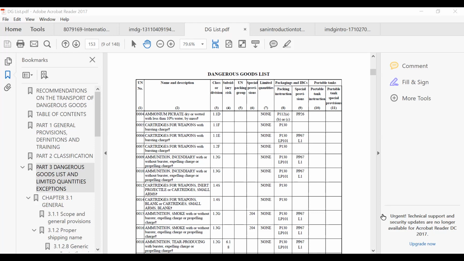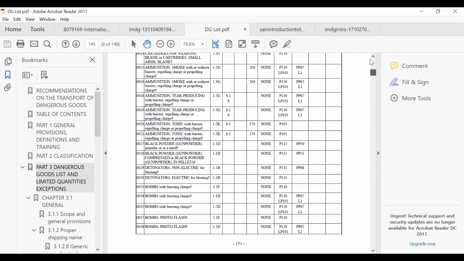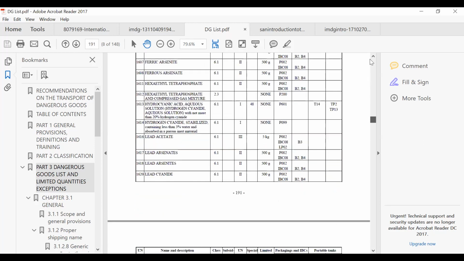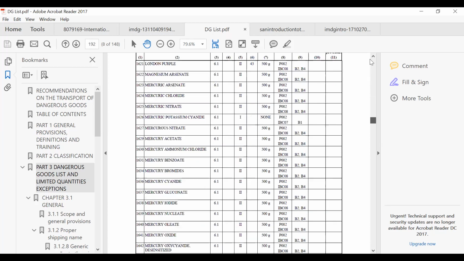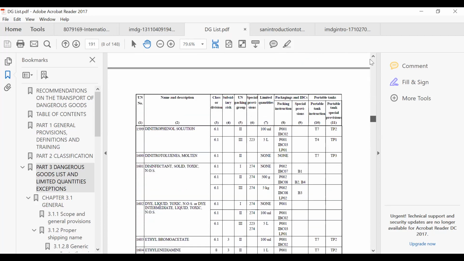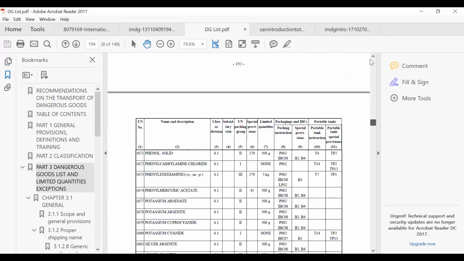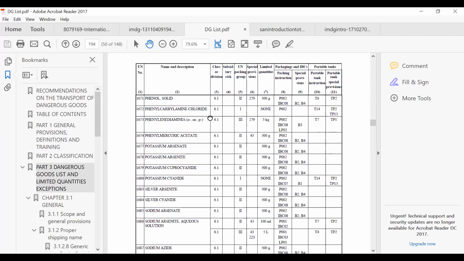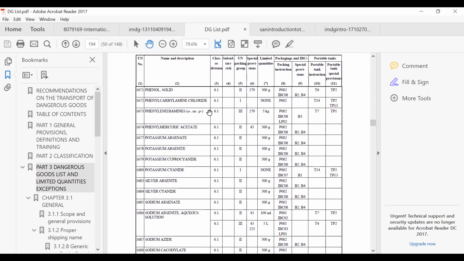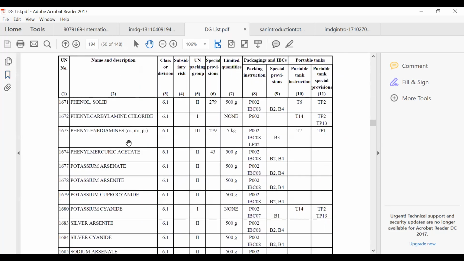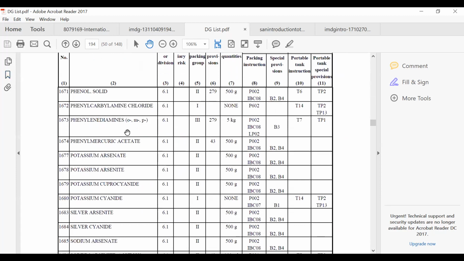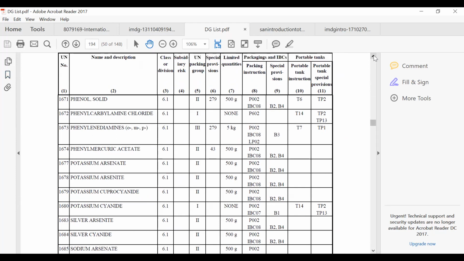Olatobi, if you can look at the screen, I'm just going to pick one of the DG goods there. This was the exercise that we did last week as well. Did you see the first DG good up there? What's the UN number? What's the proper shipping name?